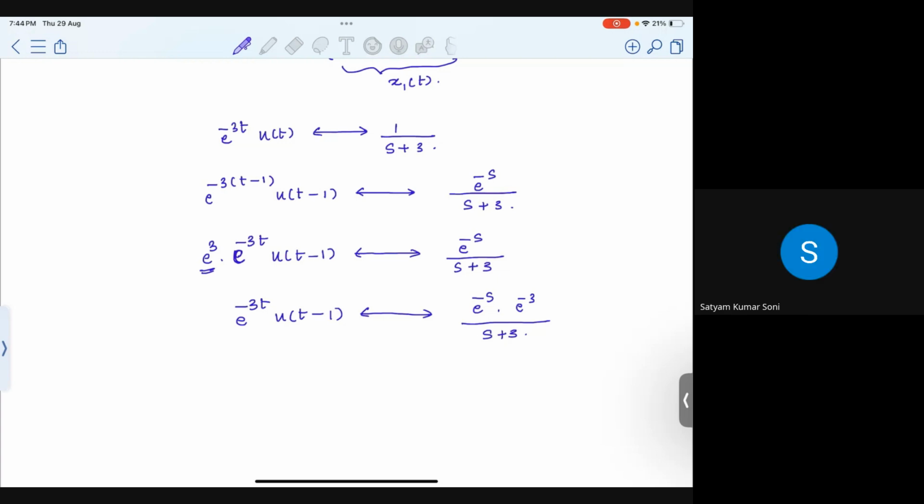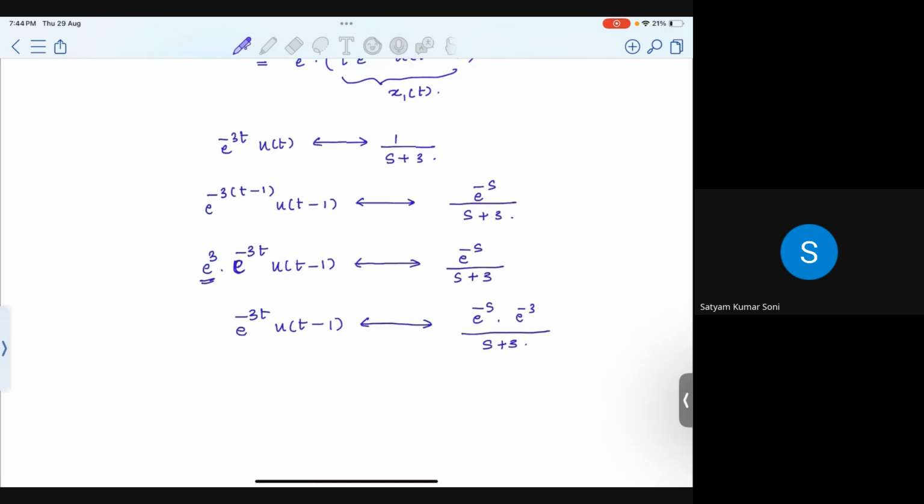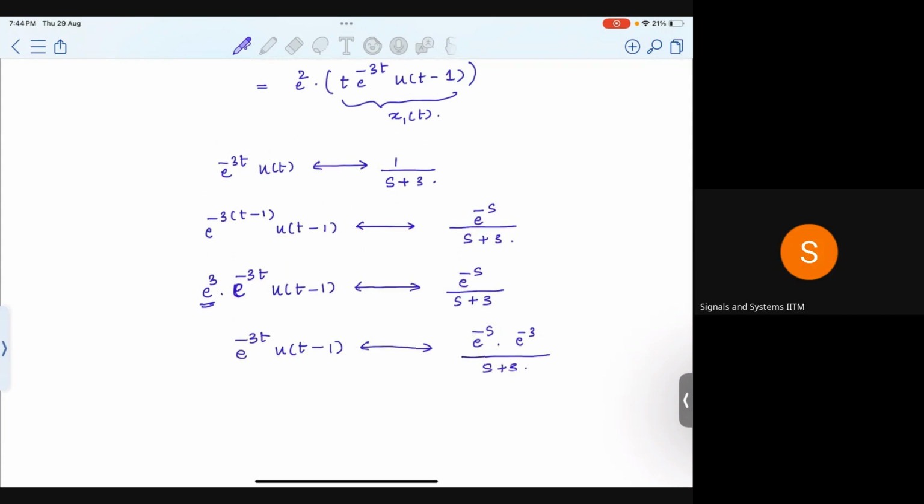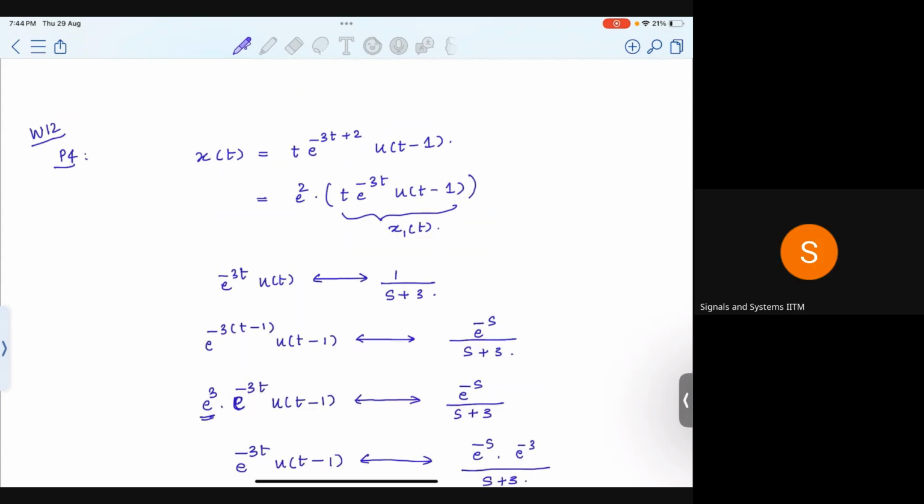Ma'am, how e to the power minus s? That's the properties of the transform. If any signal x of t has transform x of s, then x of t minus a would be e power minus as x of s.